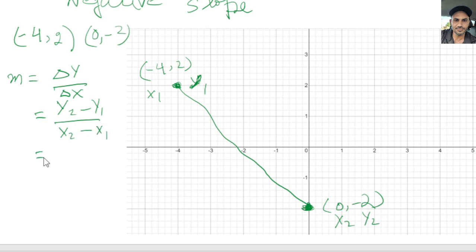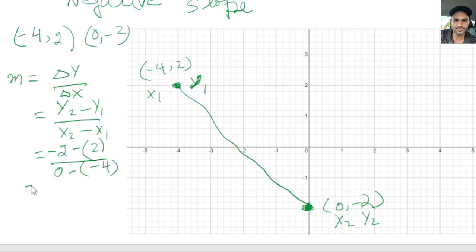So if we solve this by putting in the numbers, y2 is negative 2 minus y1, which is 2, divided by x2, which is 0, minus x1, which is negative 4.